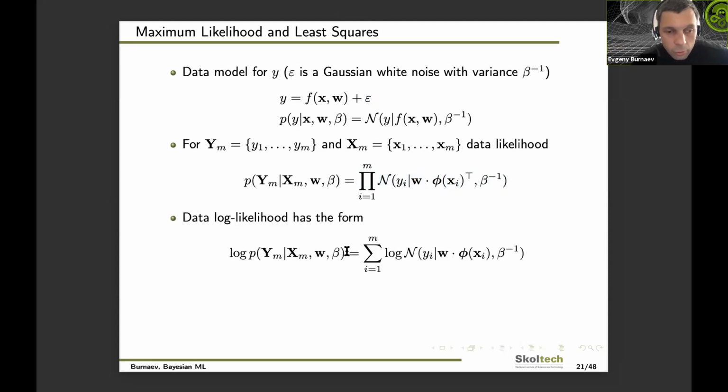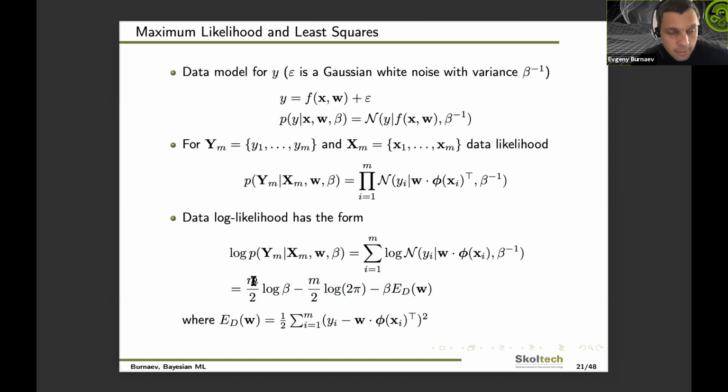The data log likelihood has this form. I take the logarithm, and here I get, instead of the product, the sum of individual log likelihoods for each individual observation. Because here N is the density of the Gaussian distribution, when I plug in the expression for the density of the Gaussian distribution, I get this expression. So it's very simple.